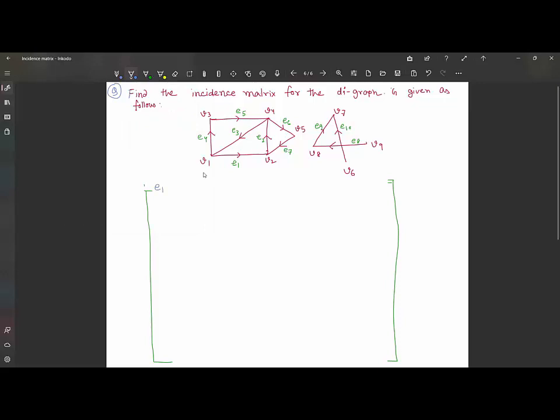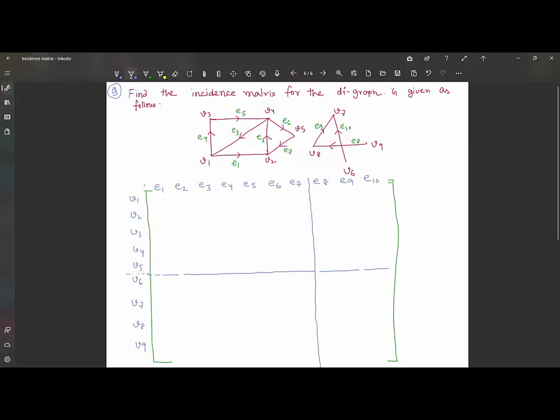So the columns are E1, E2, E3, E4, E5, E6, E7, E8, E9, E10, and the rows are V1, V2, V3, V4, V5, V6, V7, V8, V9. After that we will start filling it in.